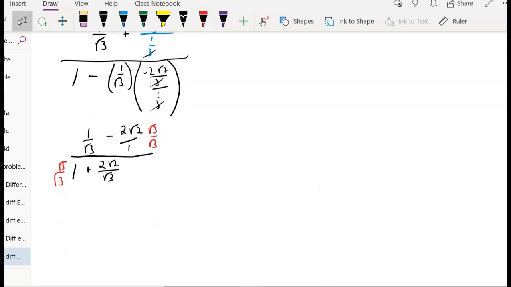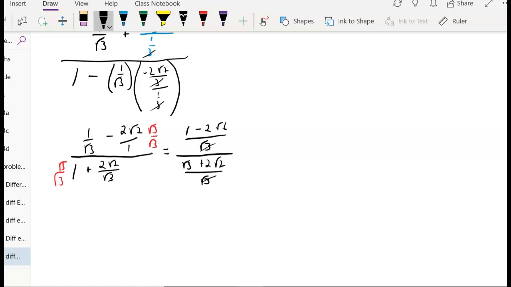Okay, so this one becomes 1 minus 2 rad 6 over rad 3. And then the denominator will be rad 3 plus 2 rad 2 over, luckily, the same denominator, which means we can cancel it. And from 4 layers, now we're down to just 2 layers.